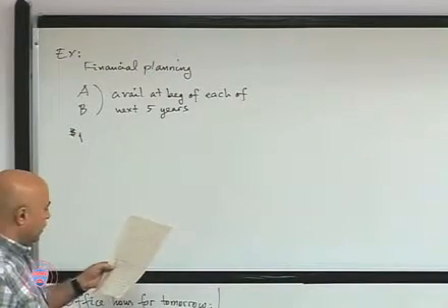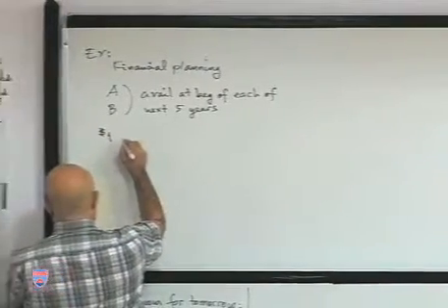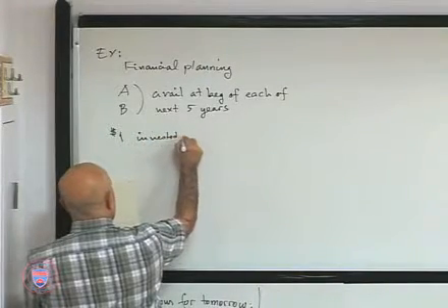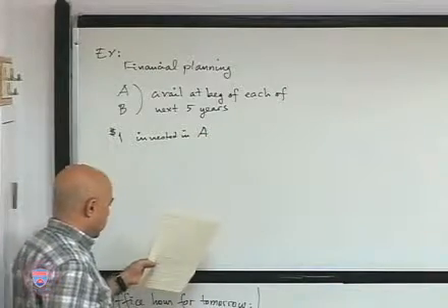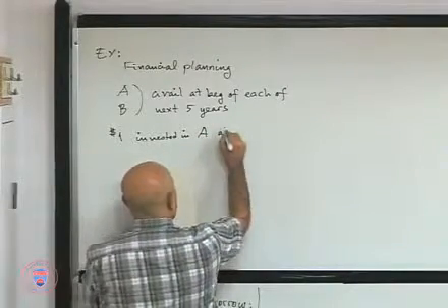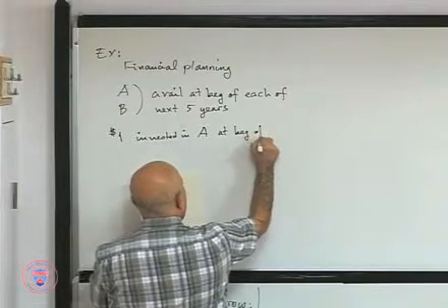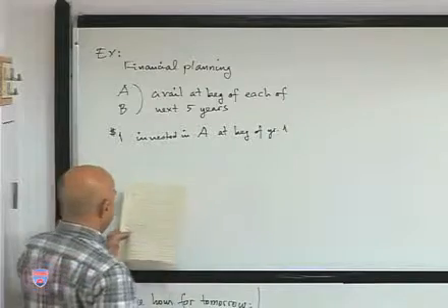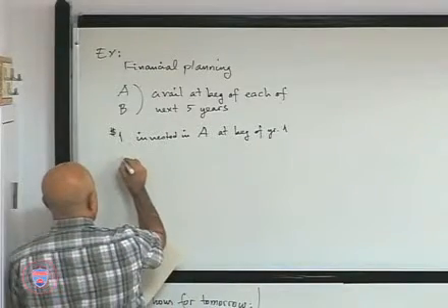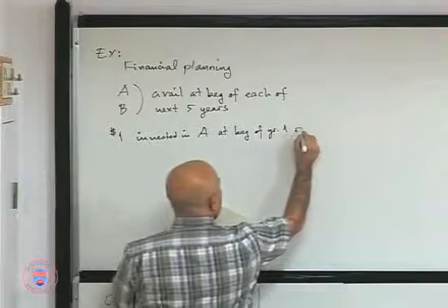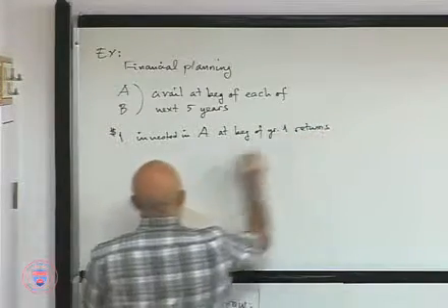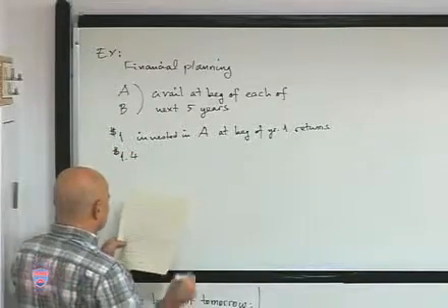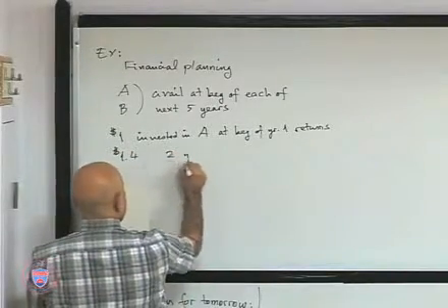If you invest $1 in A, at the beginning of year 1, returns $1.40. Two years later.